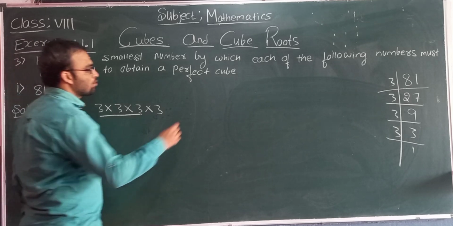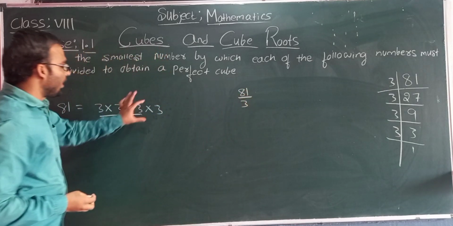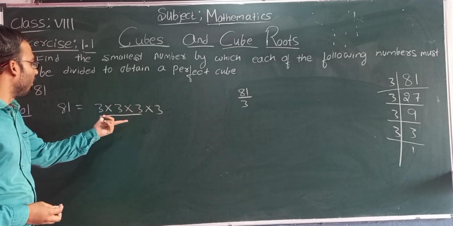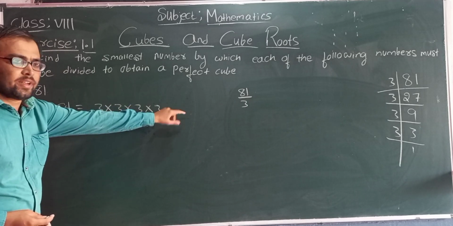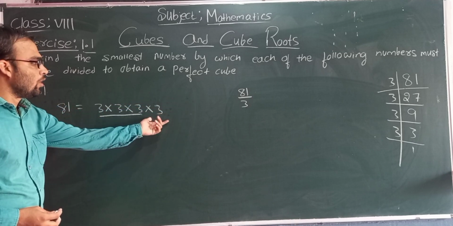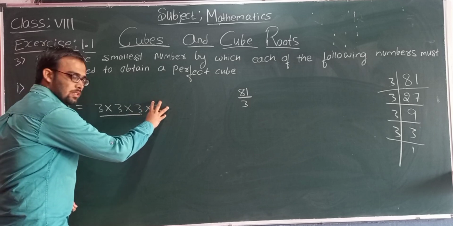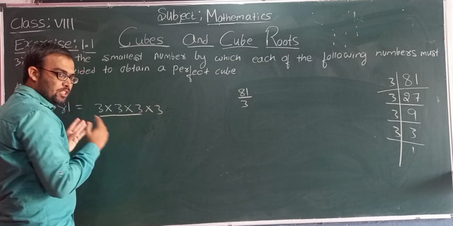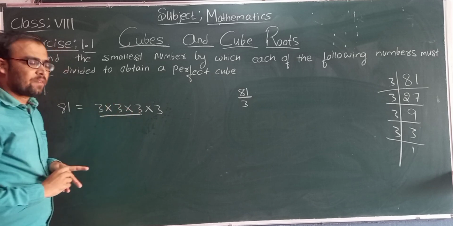For example, students, look here. One 3 is extra now. So here we can make only one group. Here 3 does not have the other 2 numbers to make a group. If we remove this 3, then whatever number we get by multiplying the rest will be a perfect cube, students.